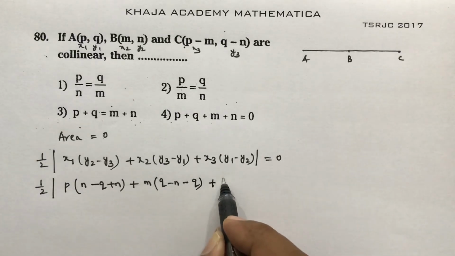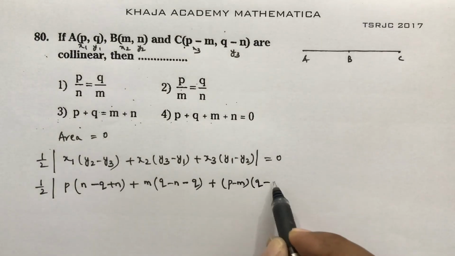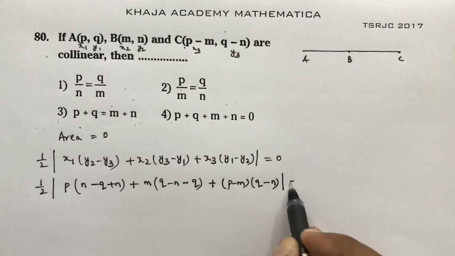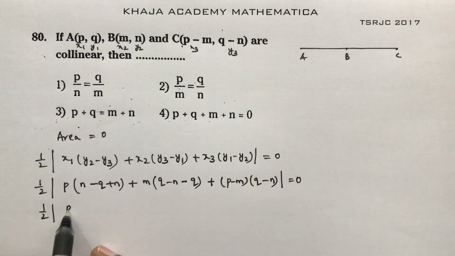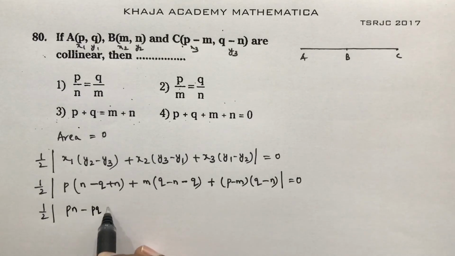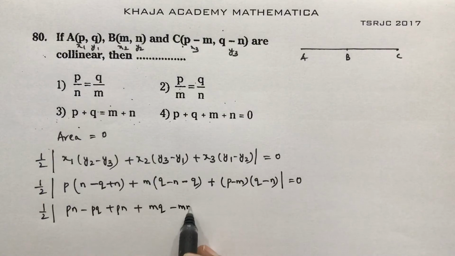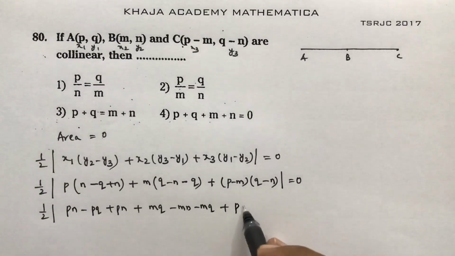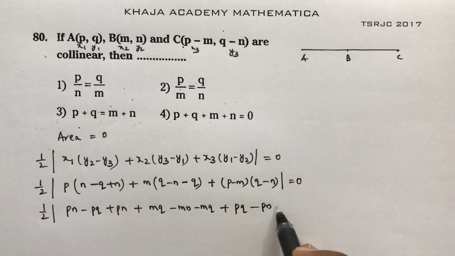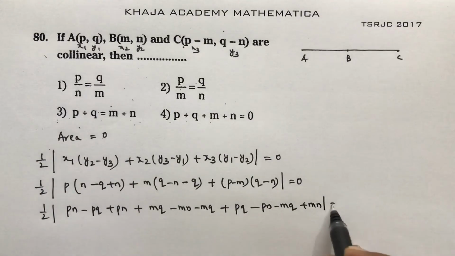Plus x3 is p minus m, y1 is q, minus y2 is n, equals 0. Now here half, if we multiply, pn minus pq plus pn plus mq minus mn minus mq plus, if we multiply again these terms, pq minus pn minus mq minus into minus plus mn equals 0.